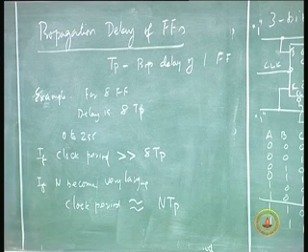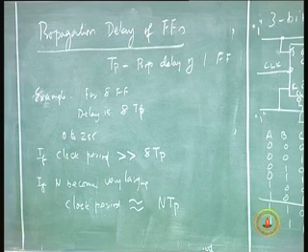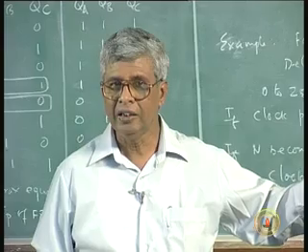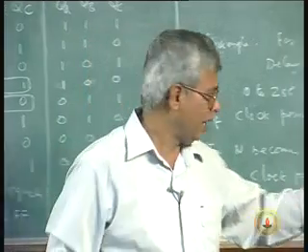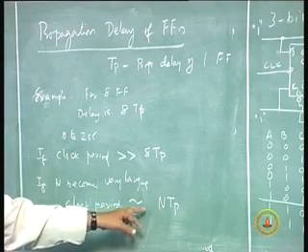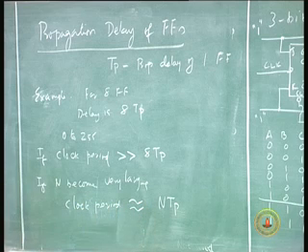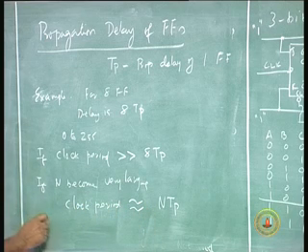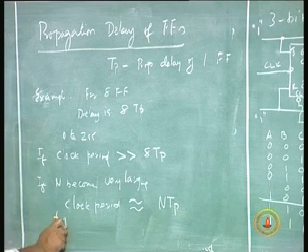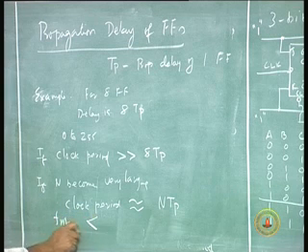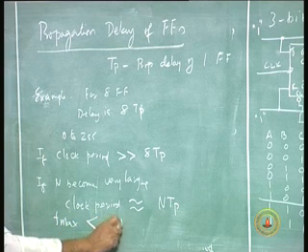Each flip flop has a propagation delay of Tp, and n flip flop stages will have n times Tp, and n is very large. So, I cannot run this counter at a speed faster than this n Tp. So, the minimum clock period has to be more than n Tp.